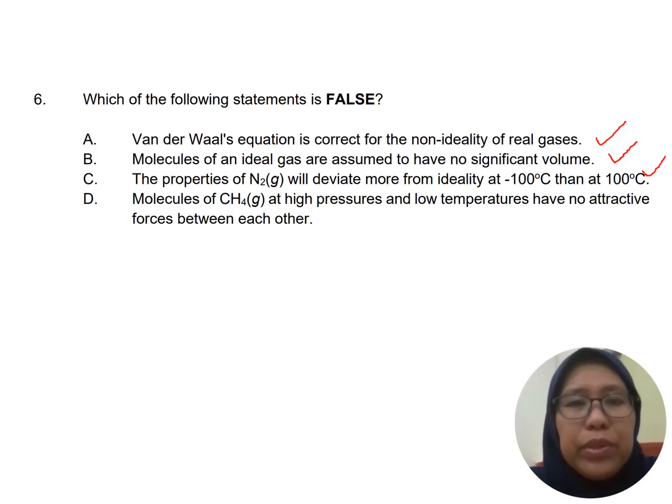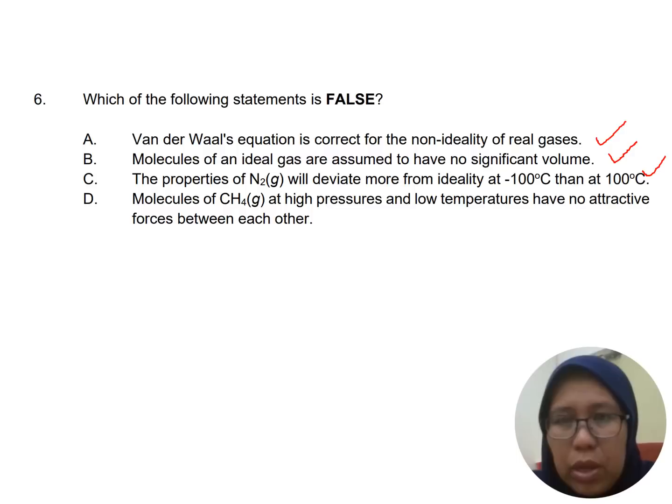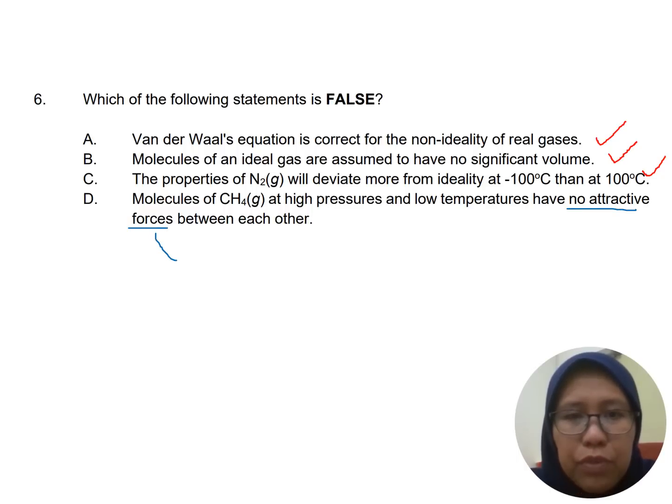We are only left with the last statement. Molecules of methane at high pressures and low temperatures have no attractive forces between each other. The thing that we are looking at here is no attractive force. No attractive force is referring to ideal behavior.